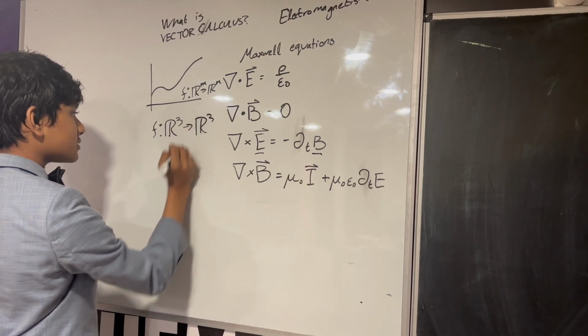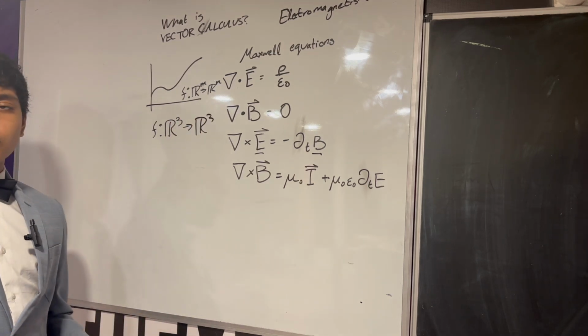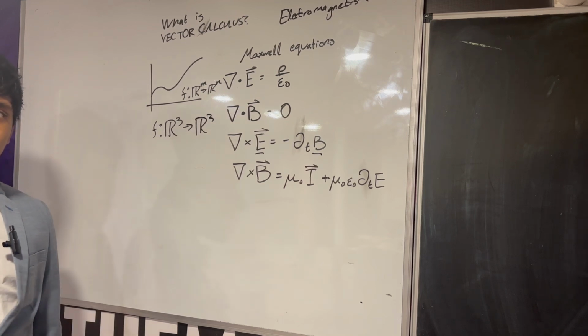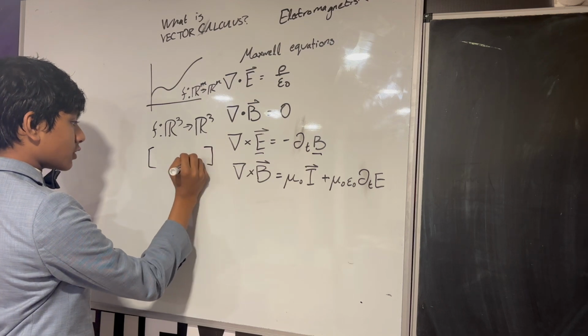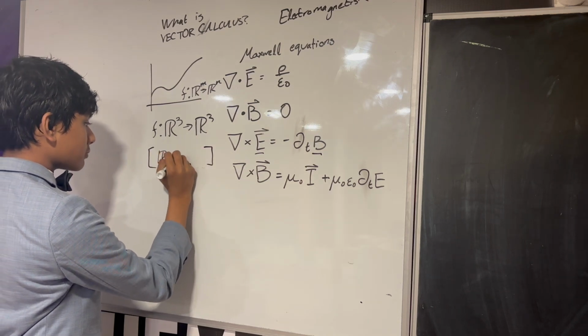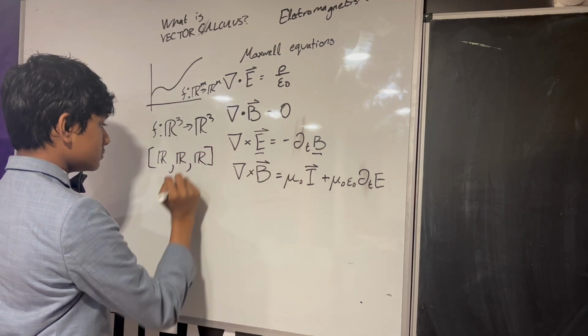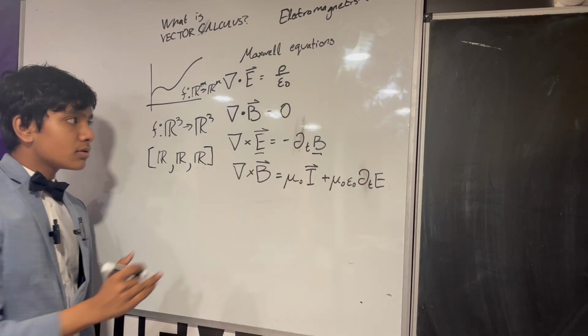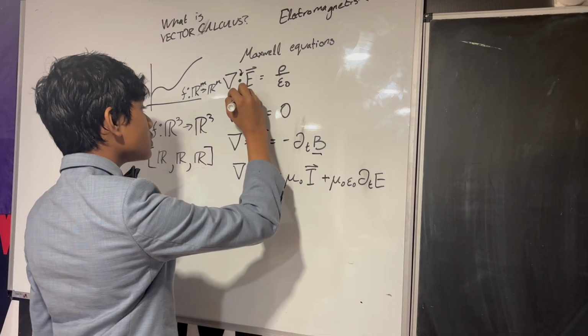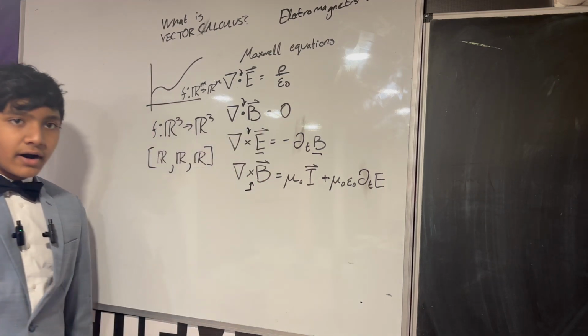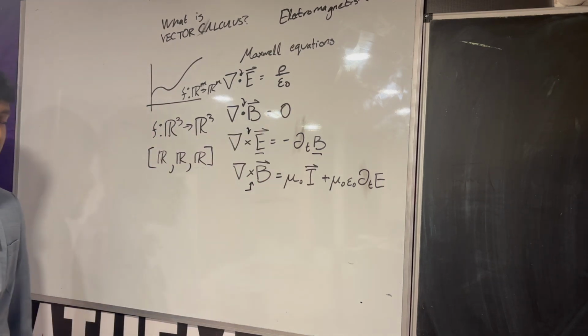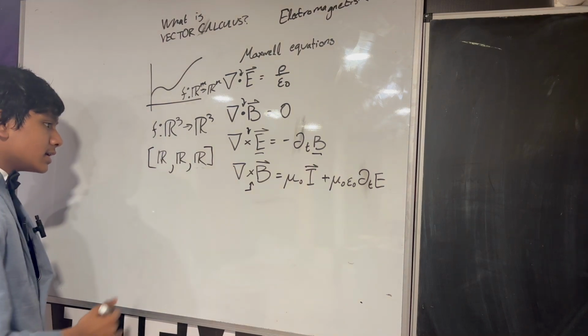But what does that actually mean? What are vectors? Well, hopefully you know that because you're in electromagnetism. Three-dimensional vectors are just arrays of three real numbers. And these symbols almost signify a kind of multiplication going on between vectors.